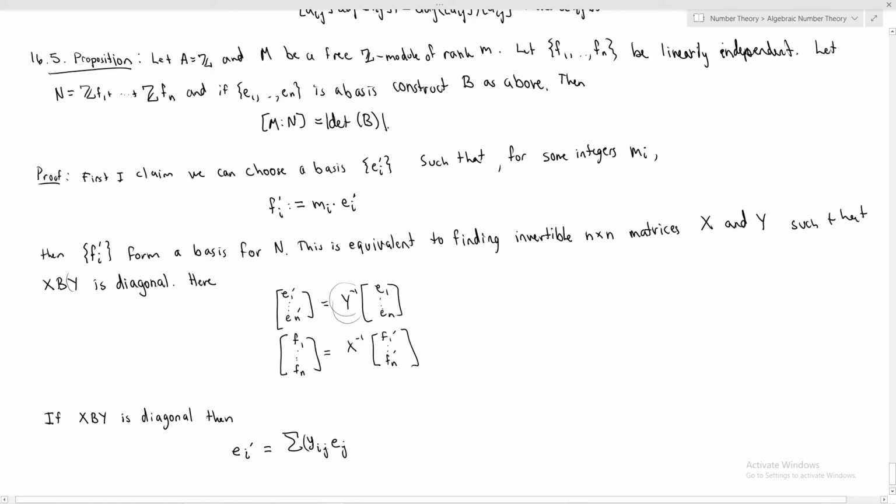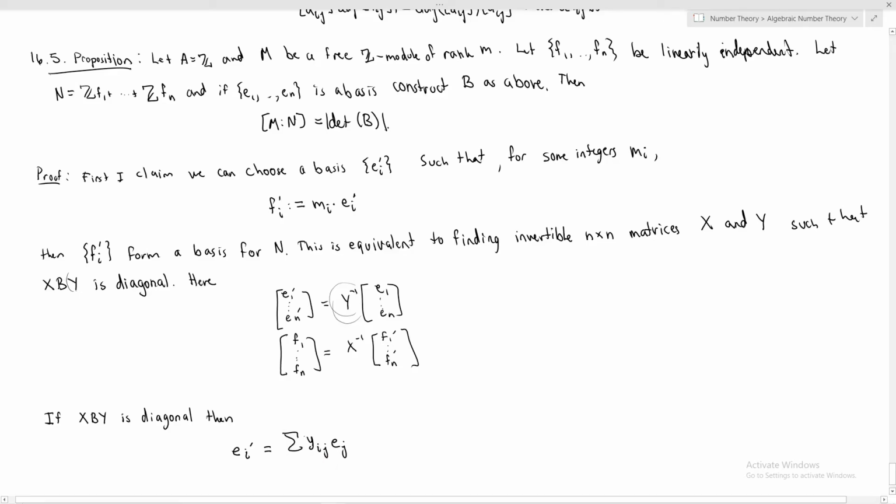And this is a little abusive notation. When I write this inverse, I don't mean the actual multiplicative inverse of this number. I mean the ijth element of the inverse. So maybe I can be more clever with how I write that.